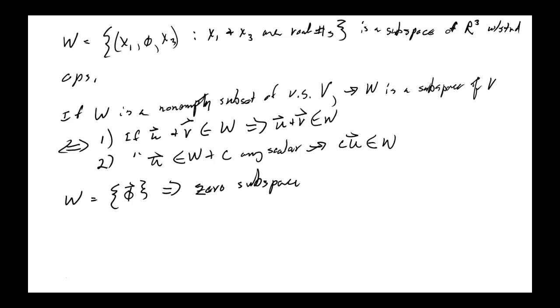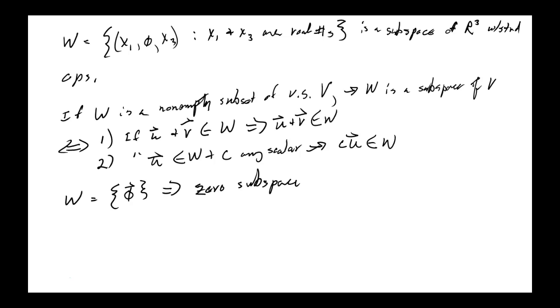Here, on page 162, near the bottom of the page, was a theorem that said, rather than going through all 10, you could just do these two. If W is a non-empty subset of some vector space V, then W is a subspace of V if these two criteria are met.